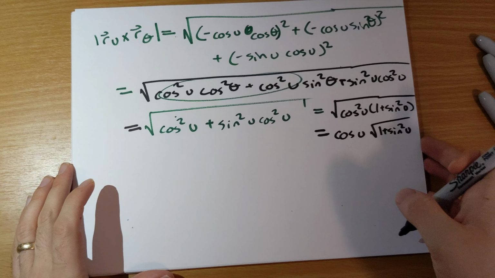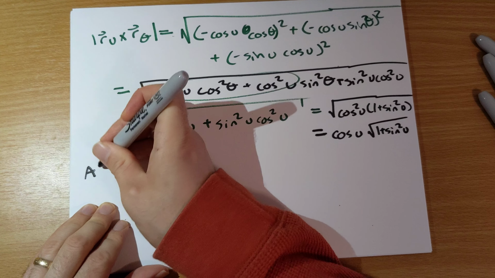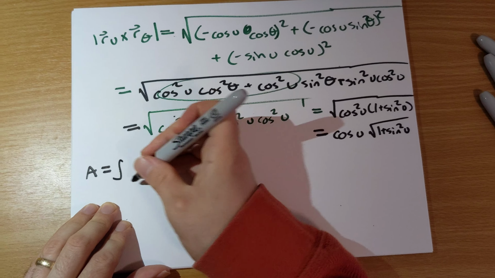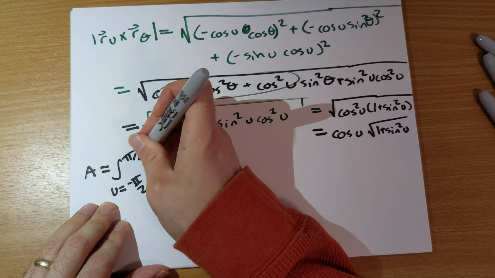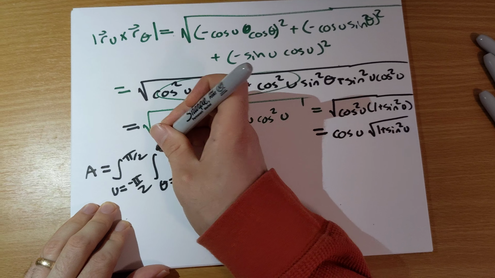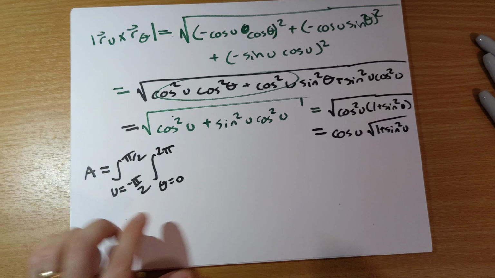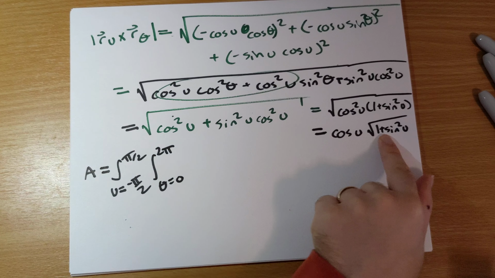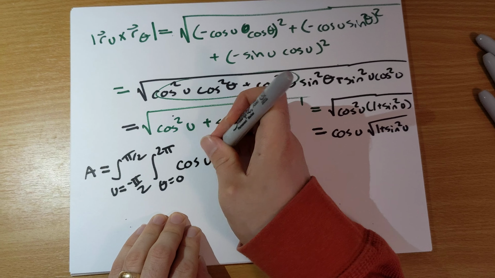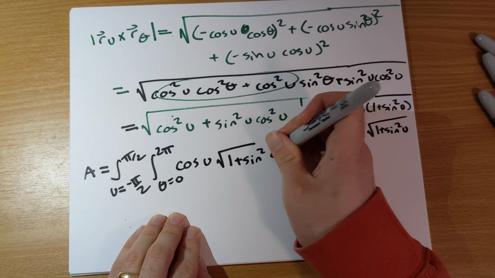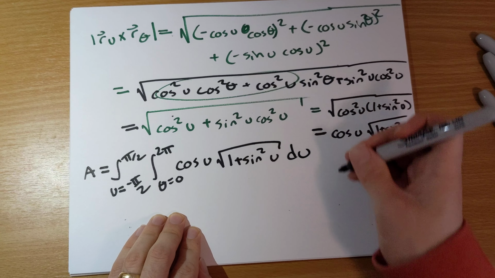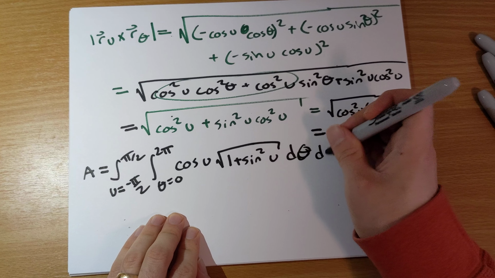So then our surface area integral is going to be the integral, u runs from negative pi over 2 to pi over 2, theta runs from 0 to 2 pi, of the magnitude of our cross product here, cosine u times the square root of 1 plus sine squared u, du d theta.